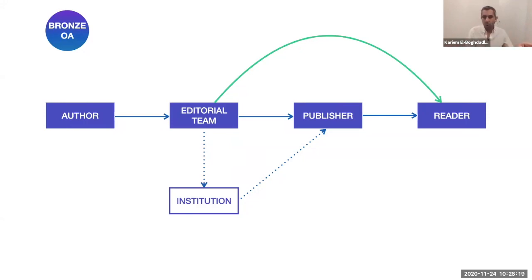Open access, the author or whoever's paid owns the copyright. Free to access is the publishers and the institutions still own the copyright, but you don't need to pay to read the paper. Okay, so we spend a lot of time with our publishers constantly negotiating ways that we can maximize bronze open access to our papers.